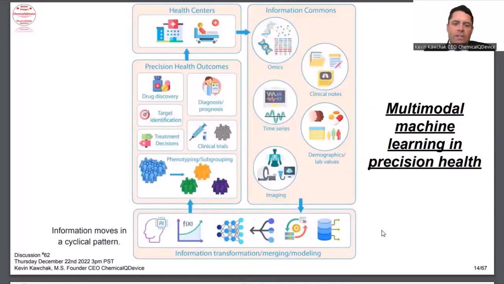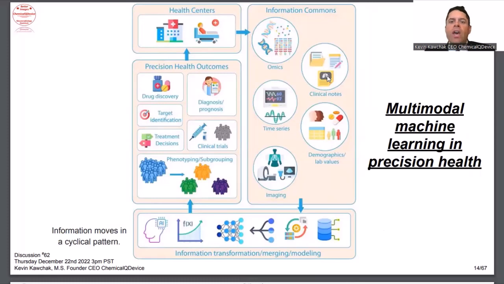And then this is basically cyclical. So in health centers, you have the data, it goes back to information commons, and then all these things. So you have proteomics, genomics, those types of biomolecules, the studies of those. And especially 90% of the data, depends on the study, but as a whole, is imaging.